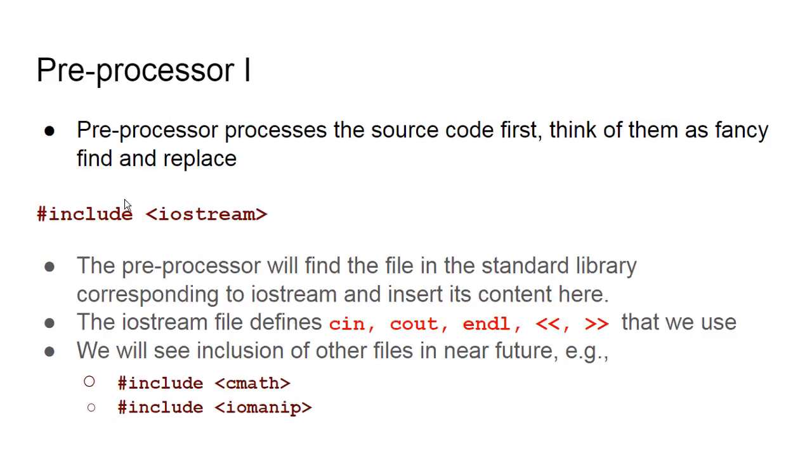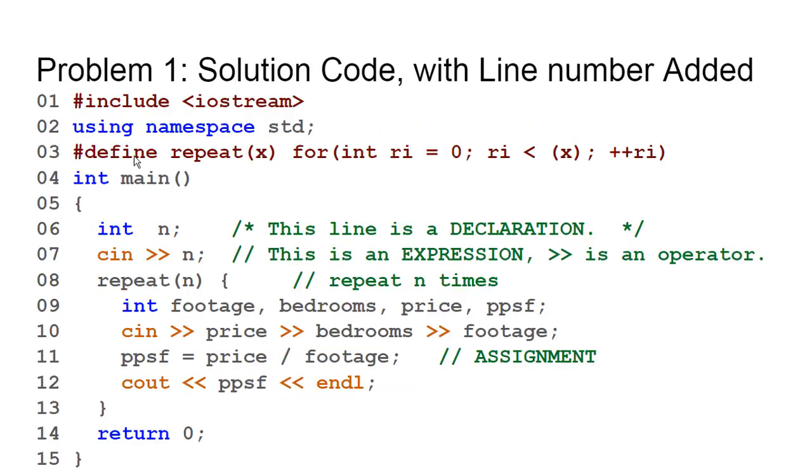Okay. So now going back to the first two lines of the code, rather line 1 and line 3. Note that they all start with this sharp sign. So these are known as preprocessor directives. Essentially the program is first processed by a program called the preprocessor. You can view what the preprocessor does as essentially a fancy find and replace.